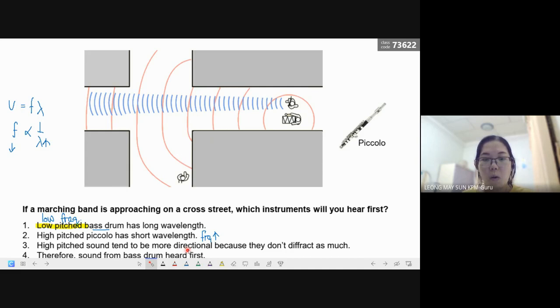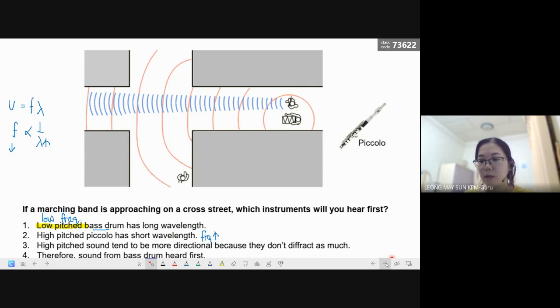That's why it says more directional, because they don't diffract much. Therefore, the first sound that we will normally hear is the bass drum. Bass drum wavelength is bigger, longer, so it will be easily diffracted by the buildings. I hope this explains to you guys. There's no number 5 over there.